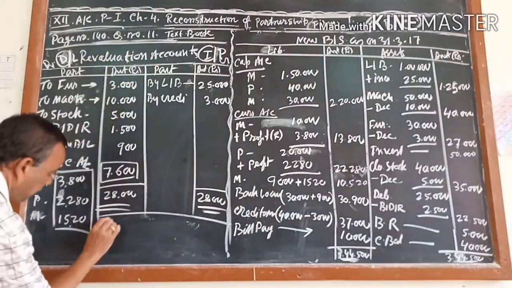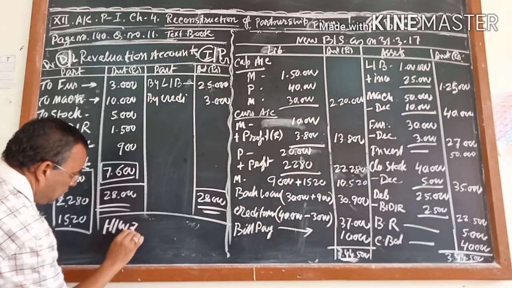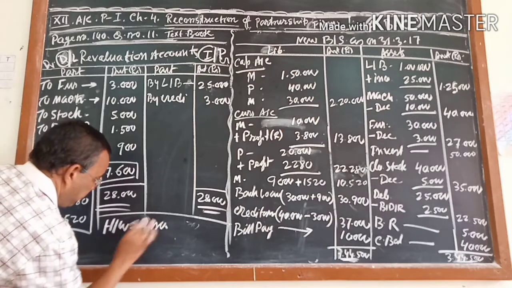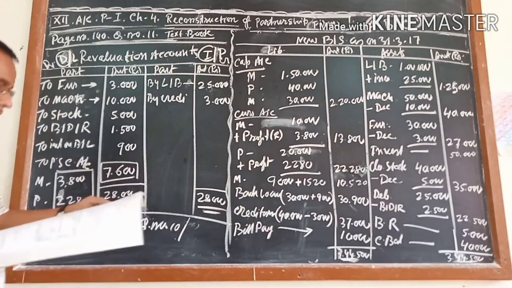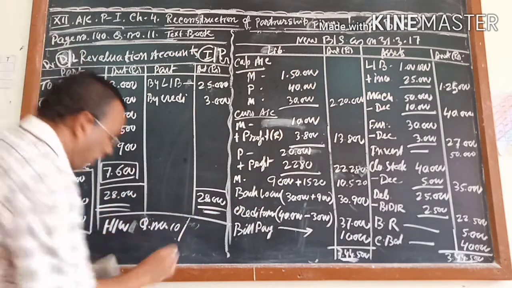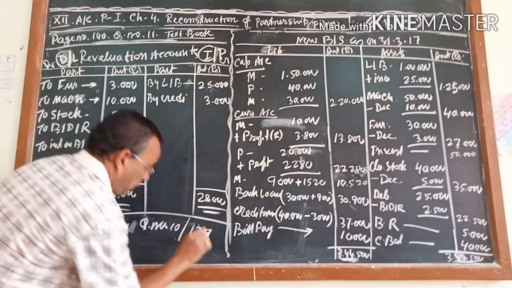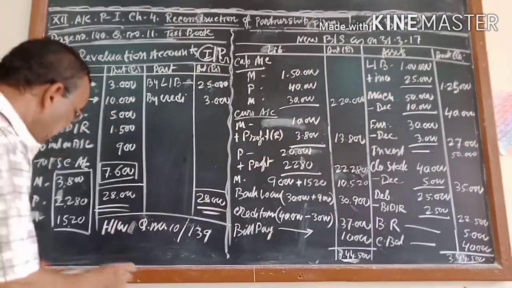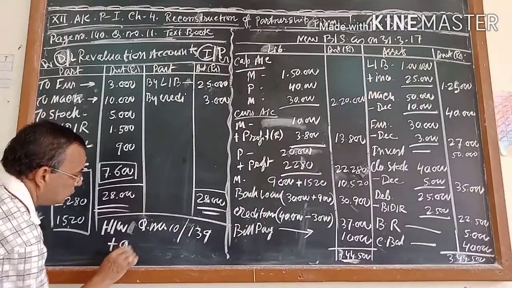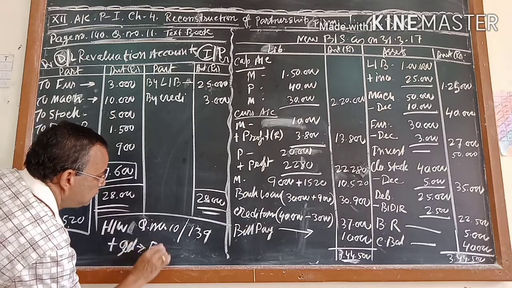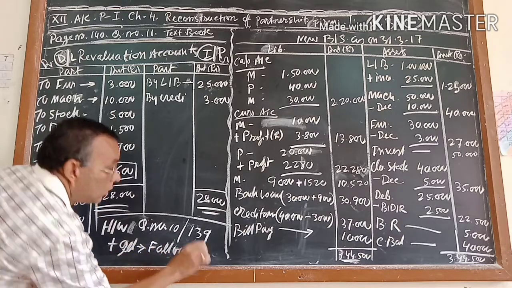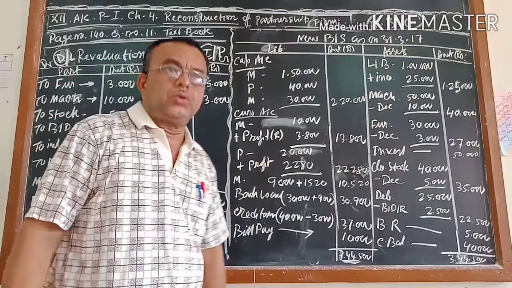Homework I am writing here: question number 10 of page number 139. And the illustrations also you will follow. Illustration on the right, in the notebook you follow. Okay? I think you understood.